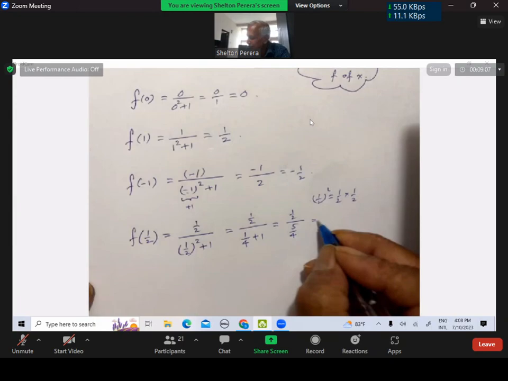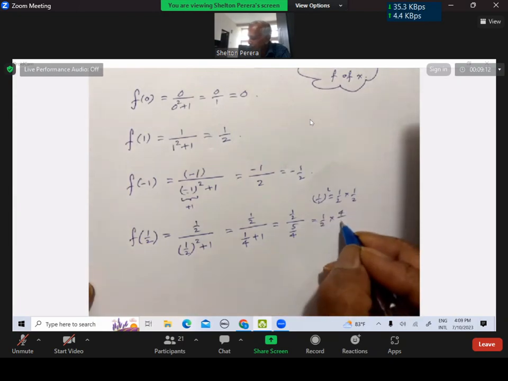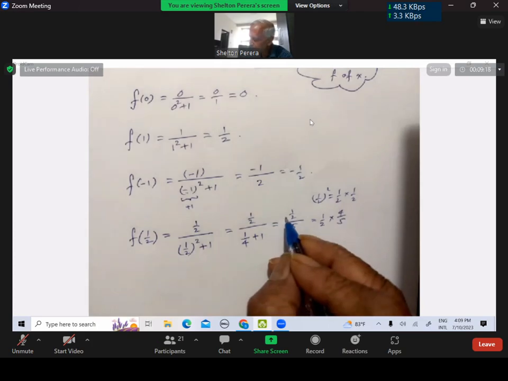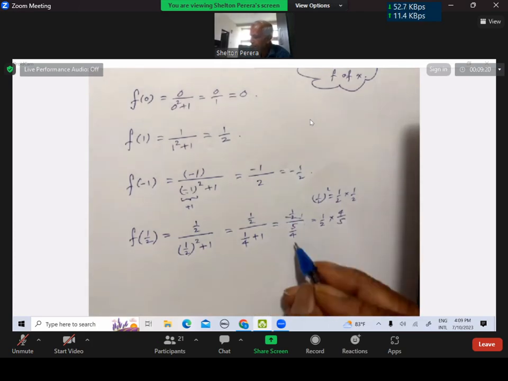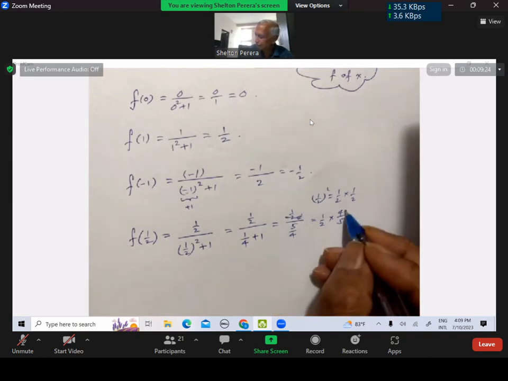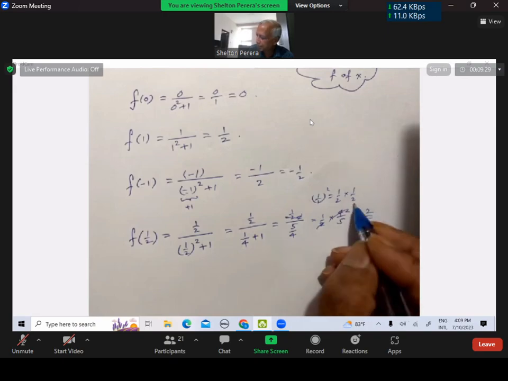This is equal to half multiplied by 4 over 5, half divided by 5 over 4. You can do it that way, or you can simply take this to the top. So now, this is 2 over 5. That is the answer.